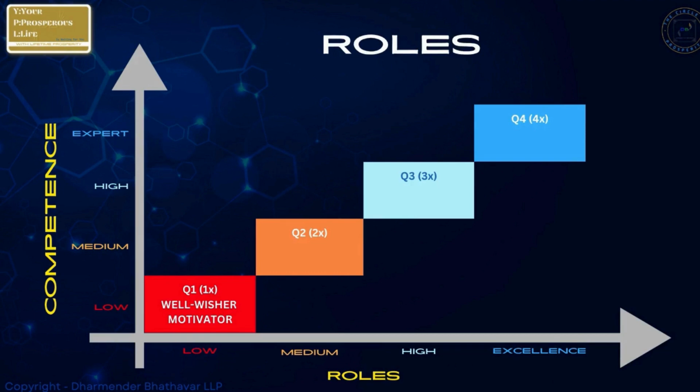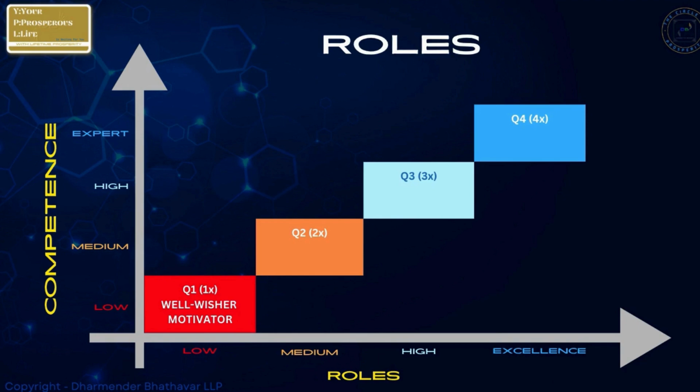Well, if your competency levels is low, your roles will also be low. Here we can consider the well-wishers or motivators, because whatever a well-wisher or a motivator gives you the idea or the advice, this advice will slowly be eradicated within a couple of days or maybe a couple of weeks.